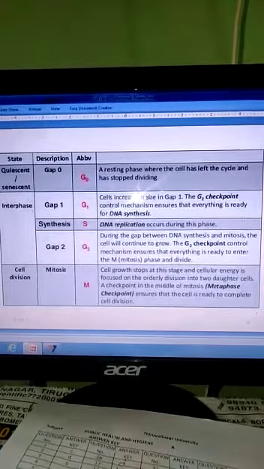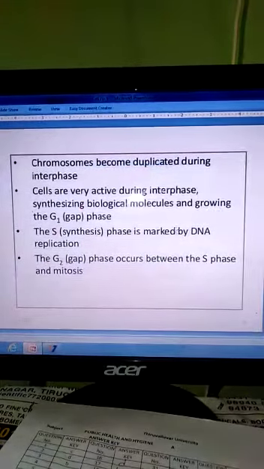This column is very important for easily identifying the cell cycle. Next, the chromosomes become duplicated during interphase. Cells are very active during interphase, synthesizing biological molecules and growing in the G1 phase. The S synthesis phase is marked by DNA replication. The G2 gap phase occurs between the S phase and mitosis.